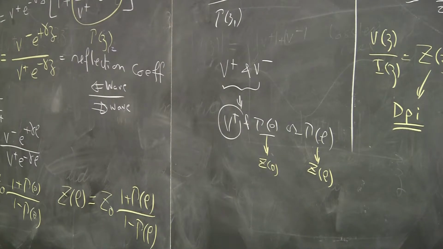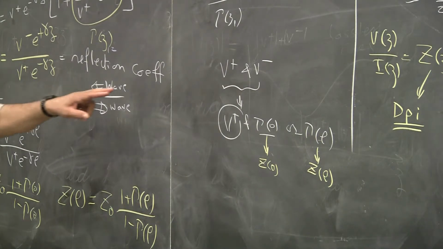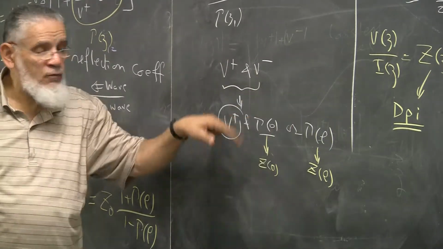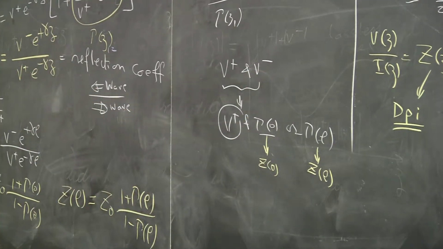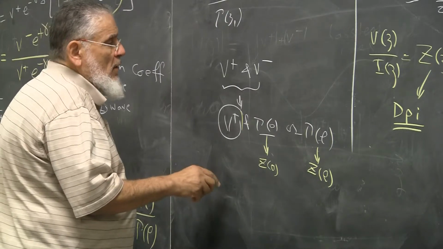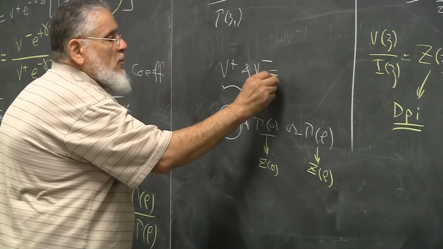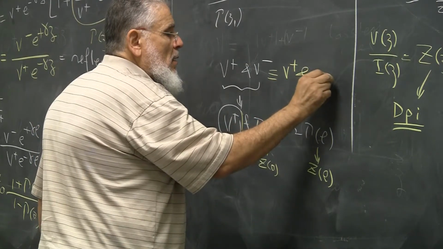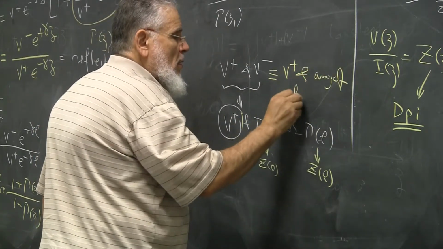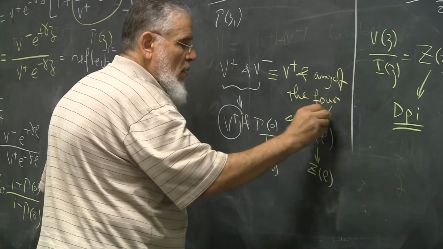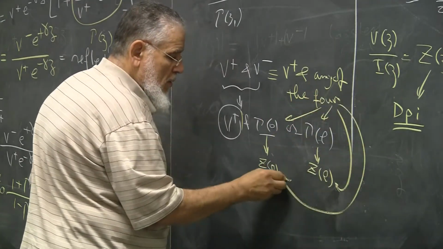So again, my two unknowns were V plus and V minus. Now they have become V plus and any of these four. Right? Any of these four will do. So these are equivalent to V plus and any of the four terms.